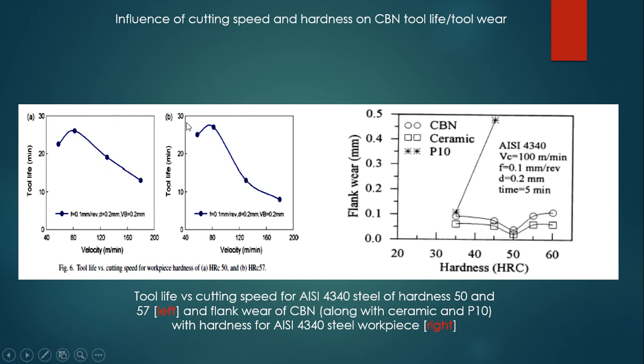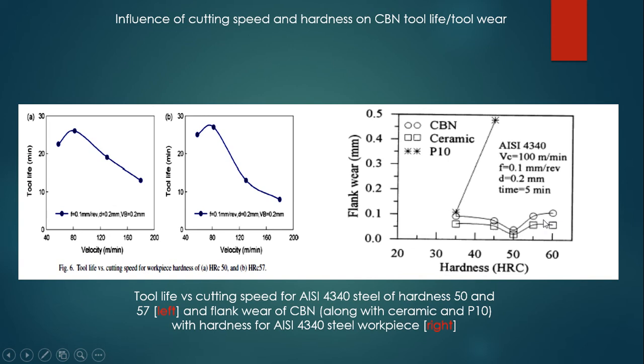As can be seen, the tool life overall is lesser for the hardness of 57, which is the case of hardness above 50, where the tool life generally goes down according to this.